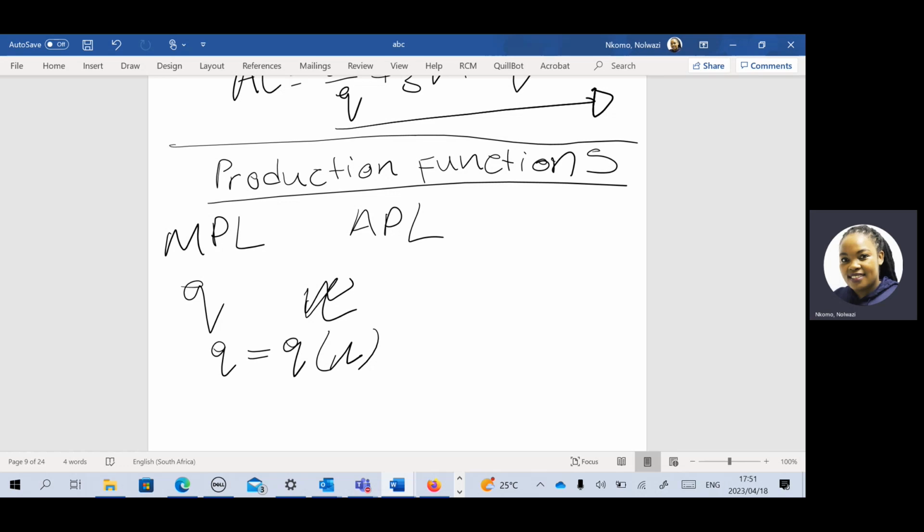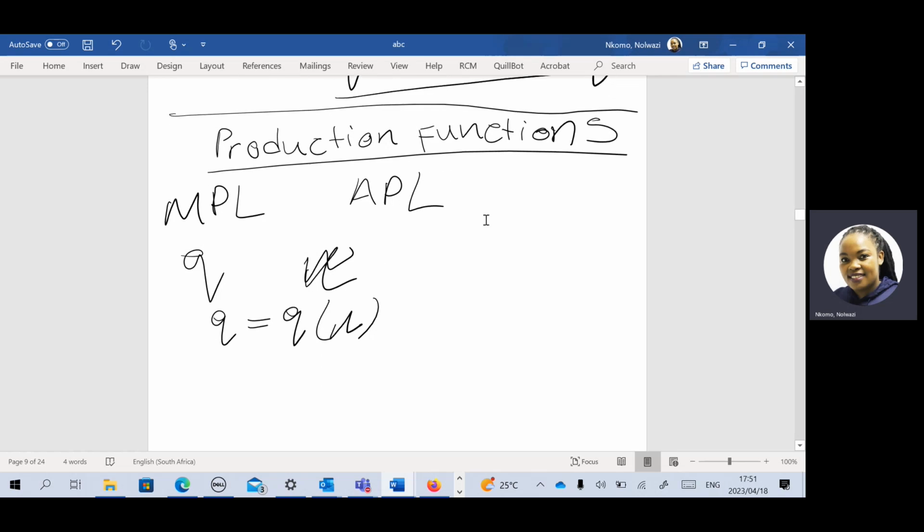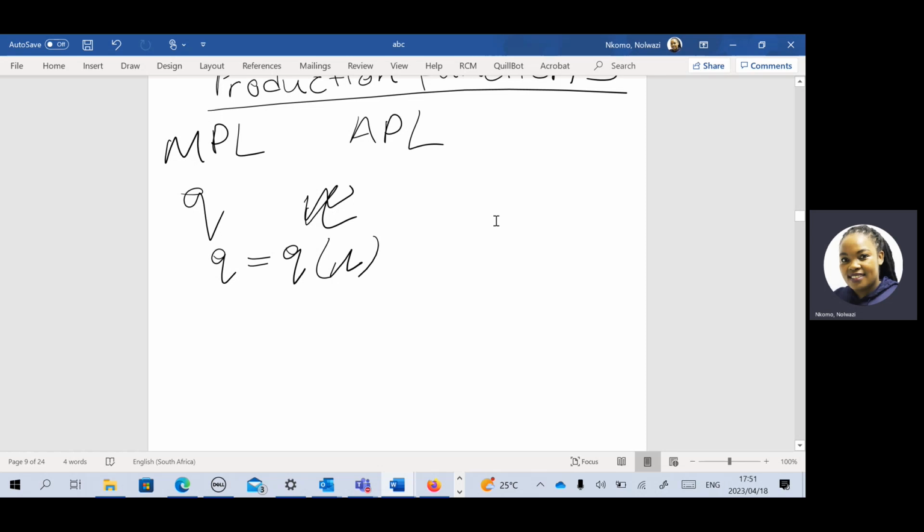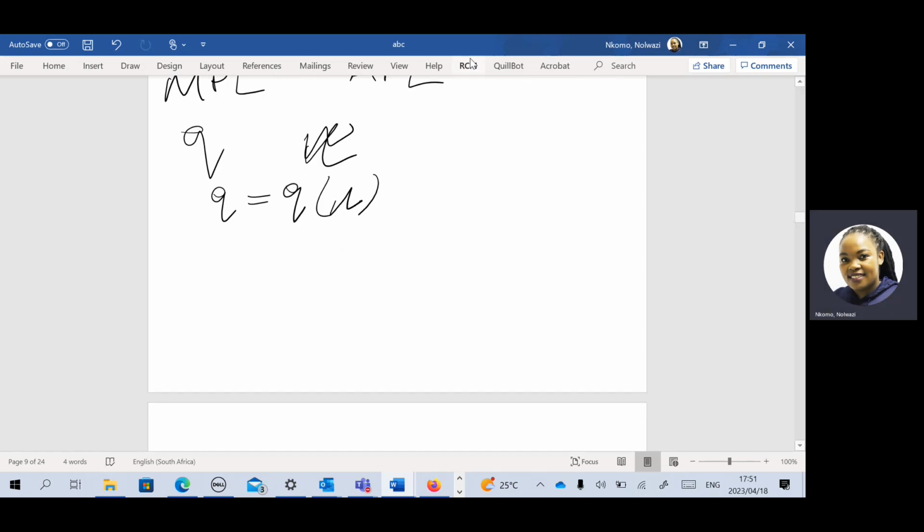Again, suppose you are given a labor function Q, which is a function of L. This means during the production process, we have an input L and Q as the output, right? Now the marginal production of labor is given by differentiating the labor function, that is Q. Remember, the labor function is given by Q.